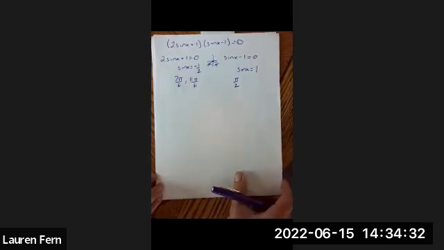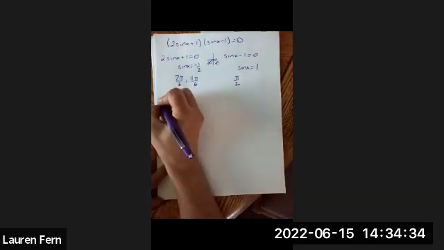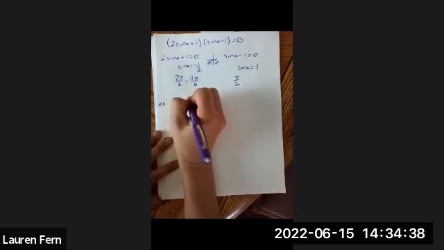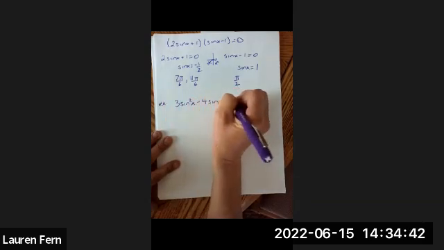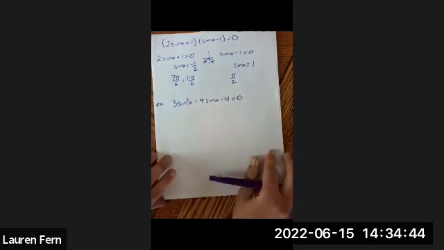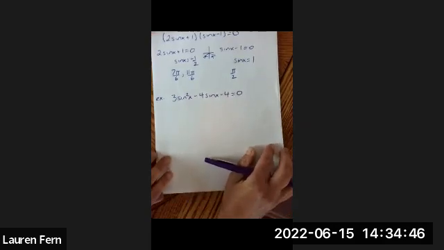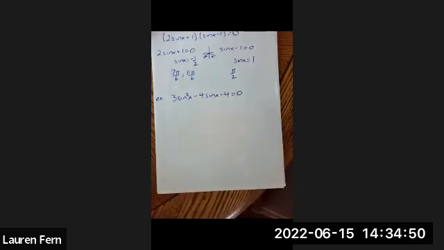What if I have something like this? 3 sine squared x minus 4 sine x minus 4 equal to 0. All right, well, we could ask ourselves, can we factor this?